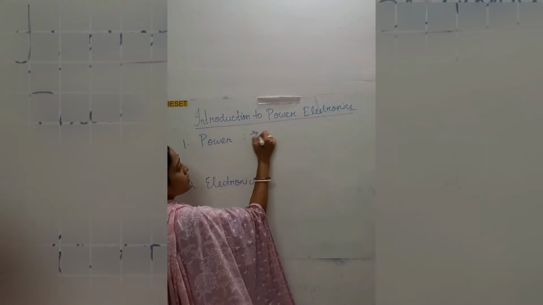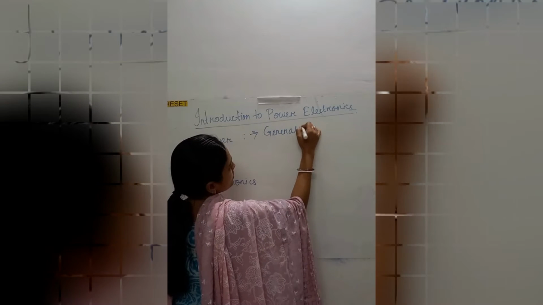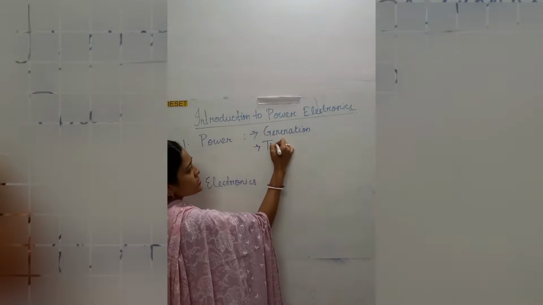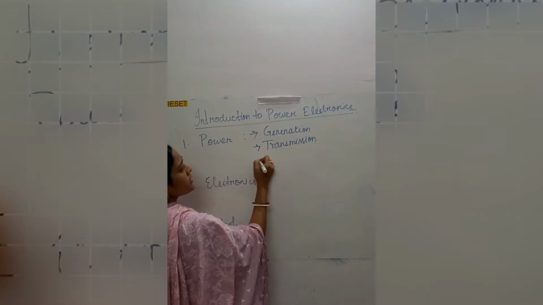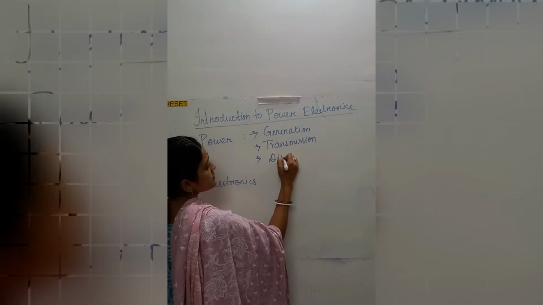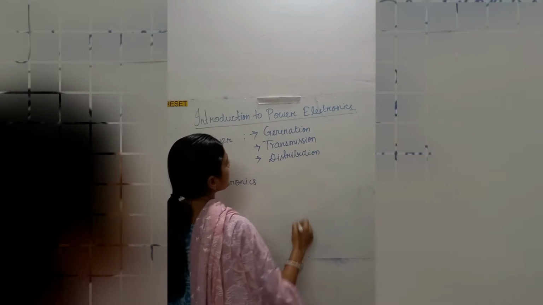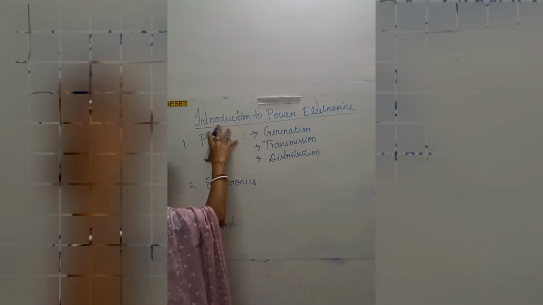We need to know about generation of power, then transmission of power, then distribution of power. These three things we need to know about power.